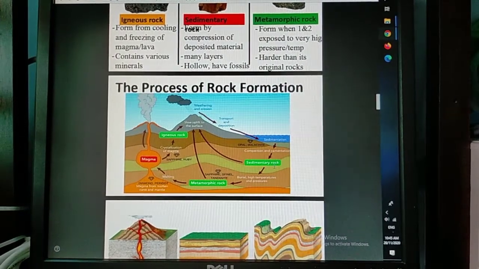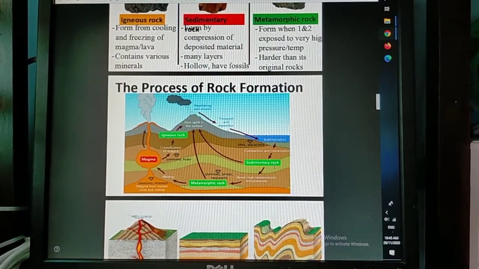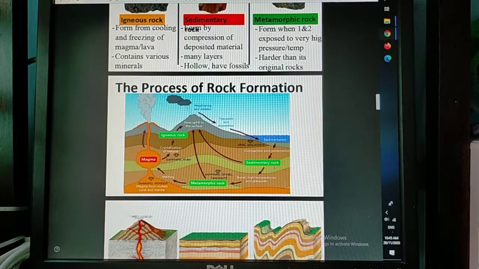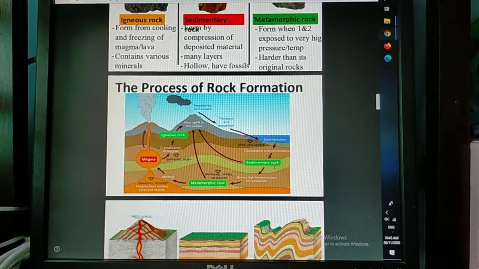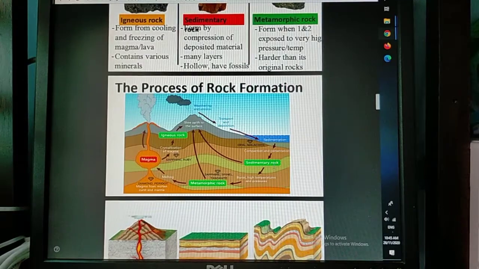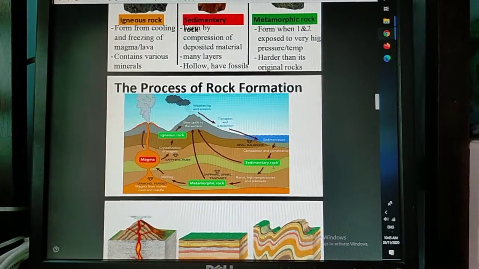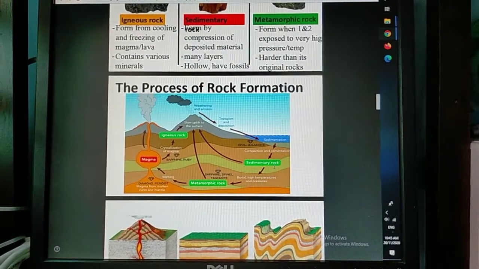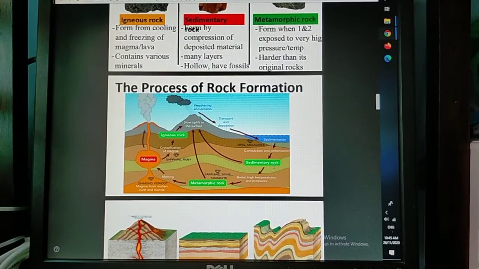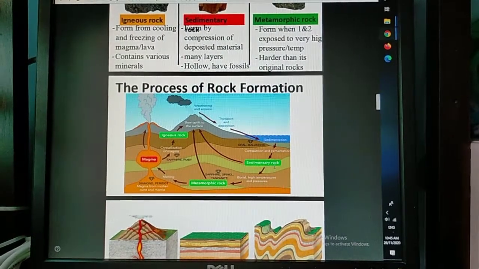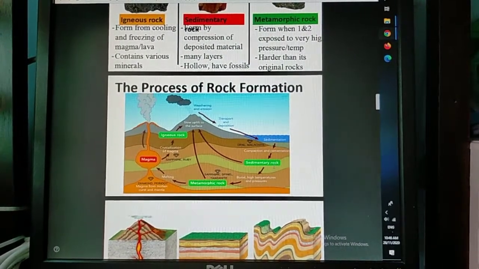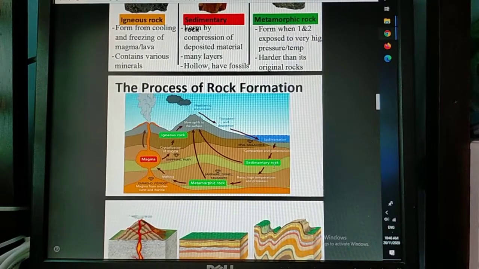Actually, it is a rock cycle also. Metamorphic rock, when exposed to the very high temperature in the mantle layer, will melt to become magma again, and then the process will continuously occur.